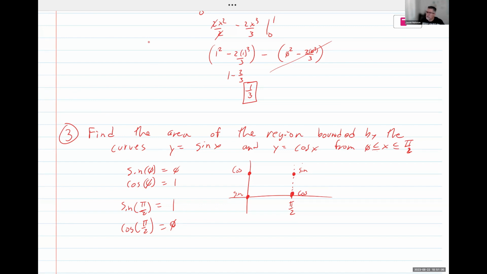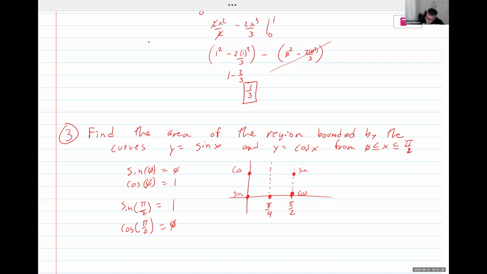Where did they swap places? Well, where did they intersect? Where is sine equal to cosine? In the first quadrant, pi over 4. Yeah, thank you, Eric. Thank you, Jermaine. So at pi over 4, they're going to switch positions, right?